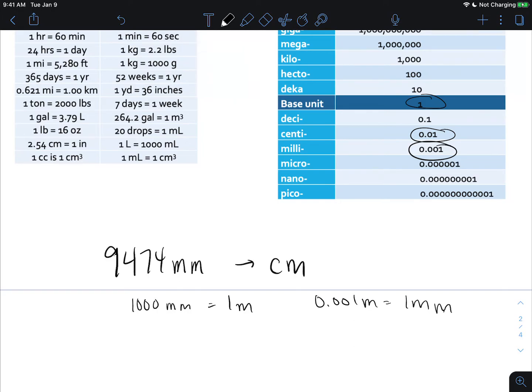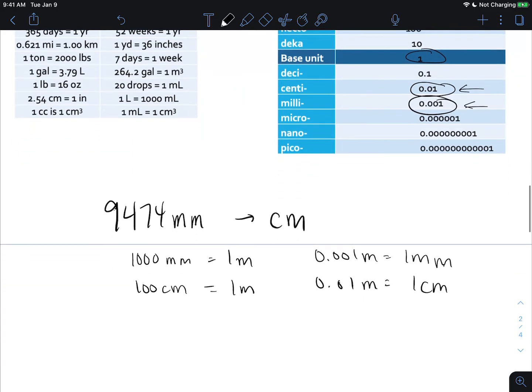Then with our centimeters, there's 100 centimeters per 1 meter, or 0.01 meters is equal to 1 centimeter. So the way this is written is how many of the base unit is in one of the prefixed unit.